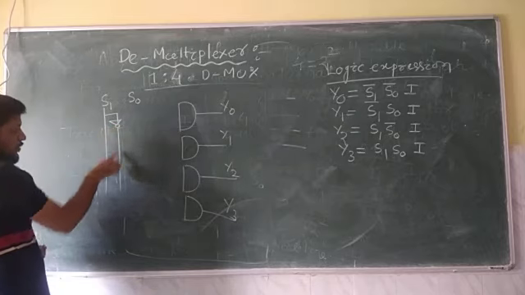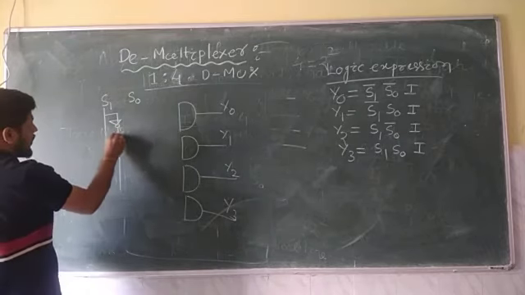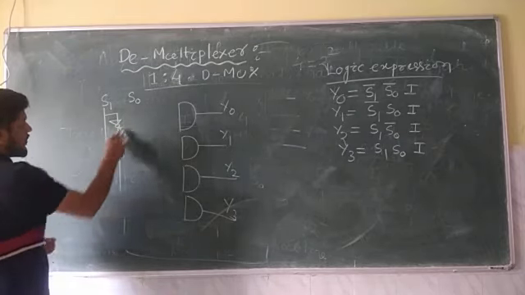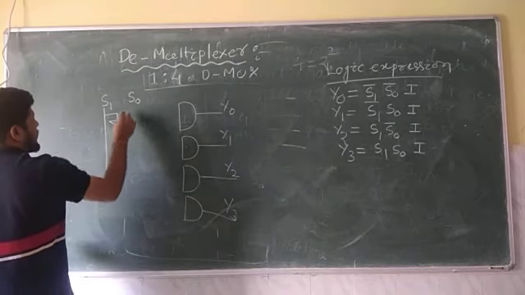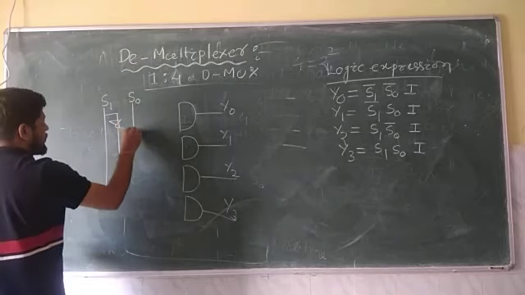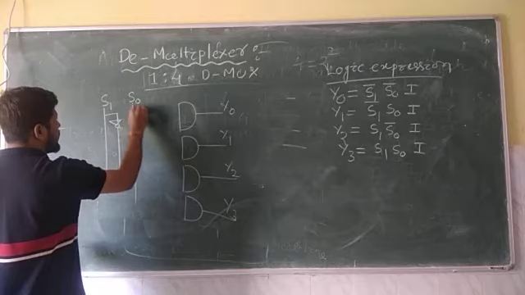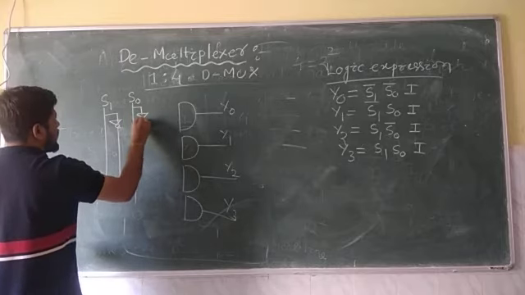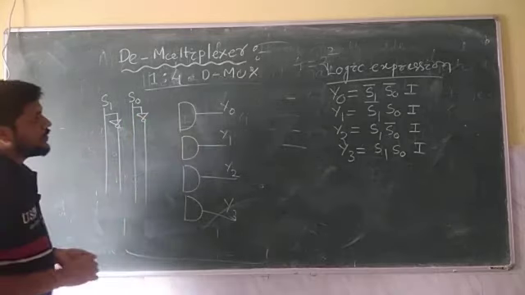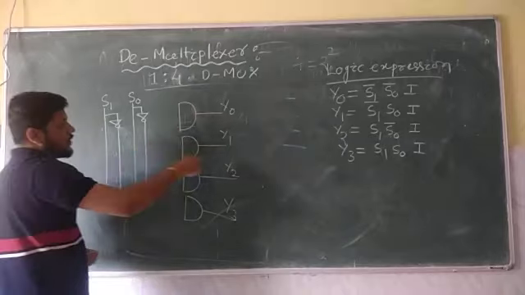When S1 is passing through this gate, here we will get S1 bar. Always remember that. So this is your S0 and we have also its complement. Now we need to see how Y0 is connected.